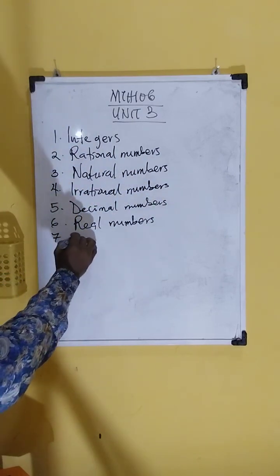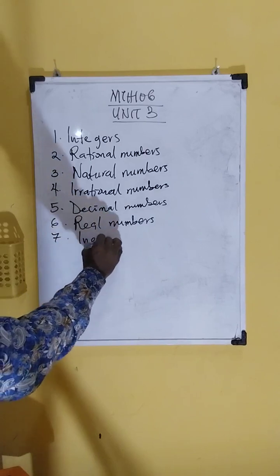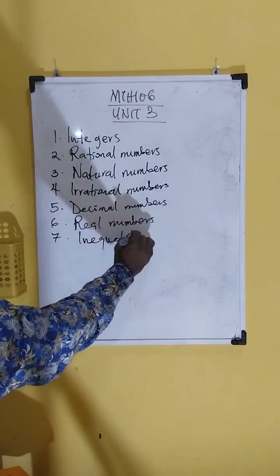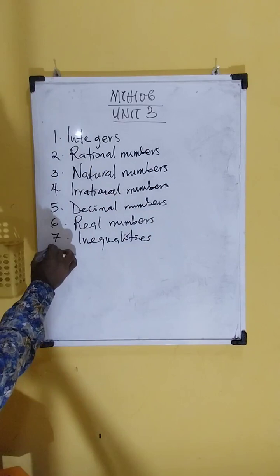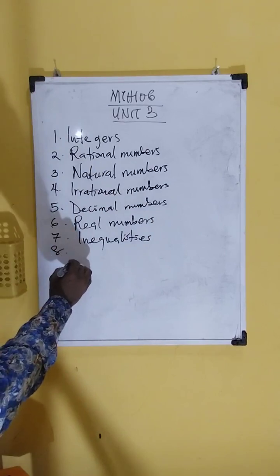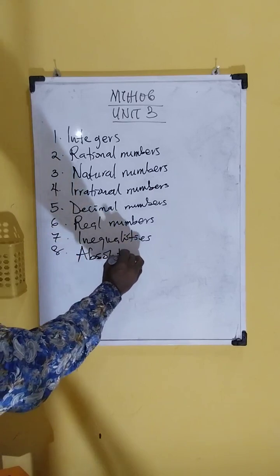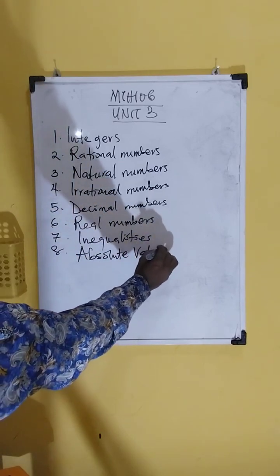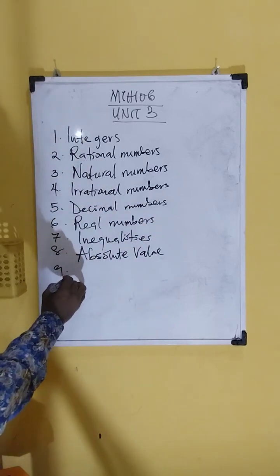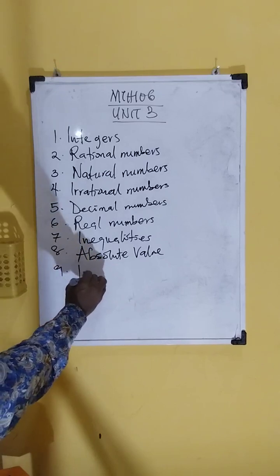Number 7, we look at inequalities. Number 8, we look at absolute value. Then we look at intervals.